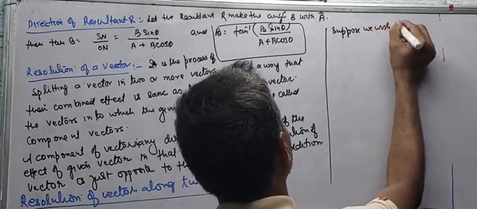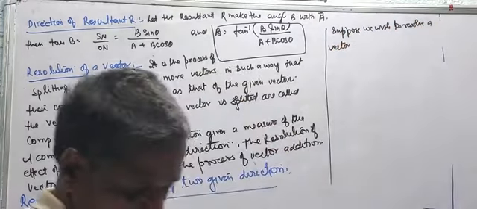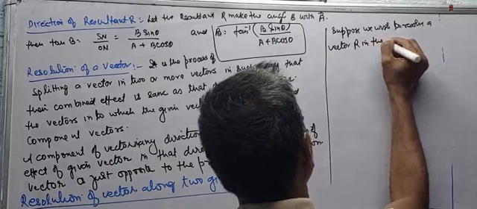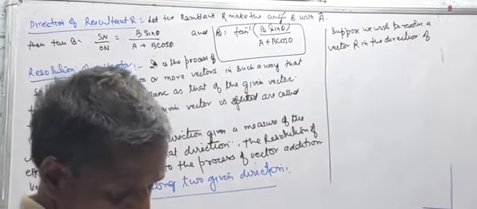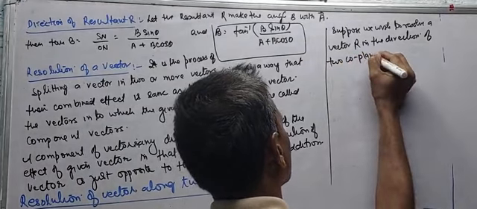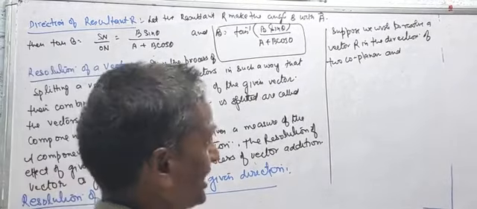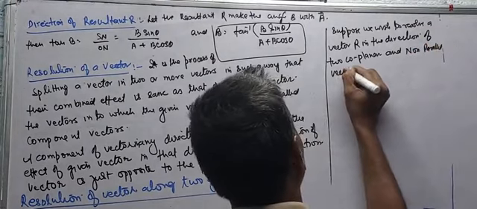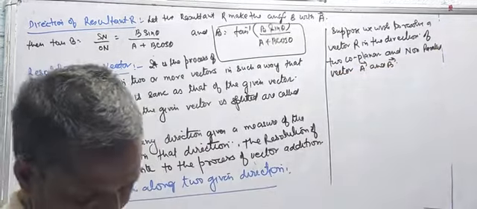Suppose we wish to resolve a vector R in the direction of two coplanar and non-parallel vectors A and B.